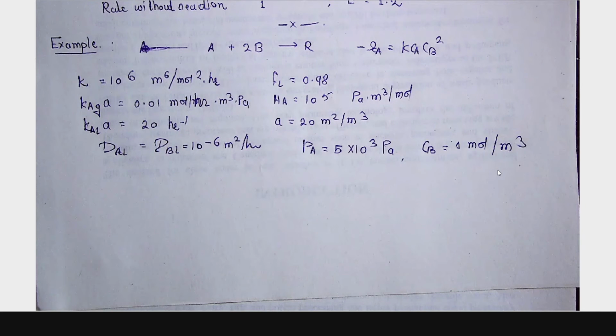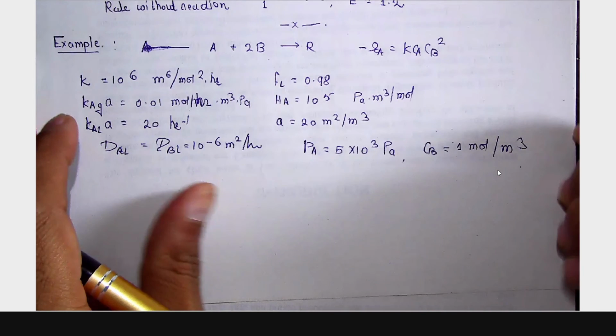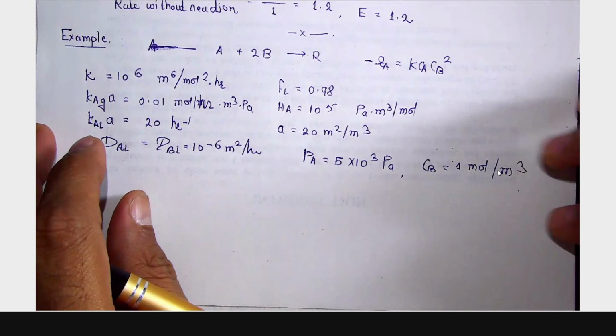What will be the MH value here? We have seen the mathematical expression for the second order reaction, that means first order with respect to A and first order with respect to CB.